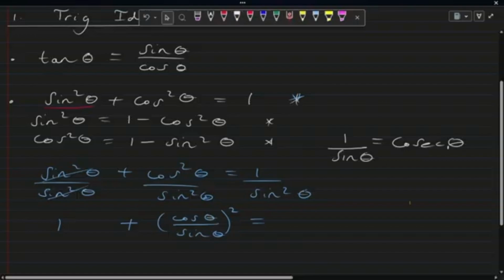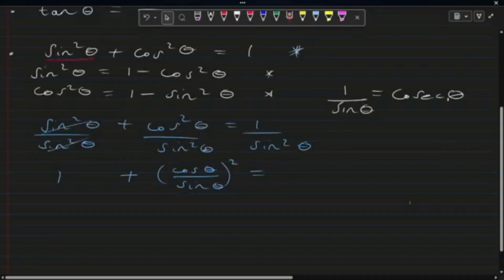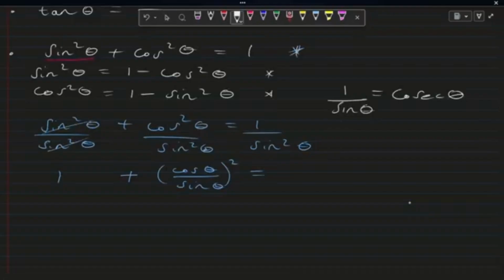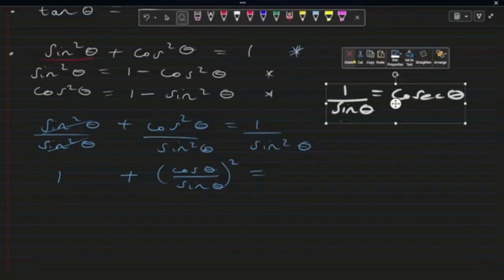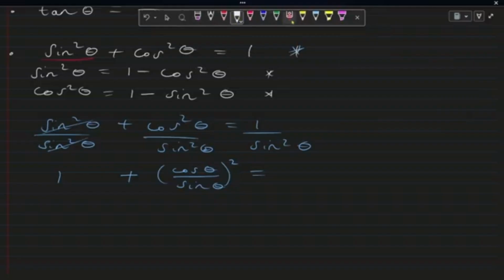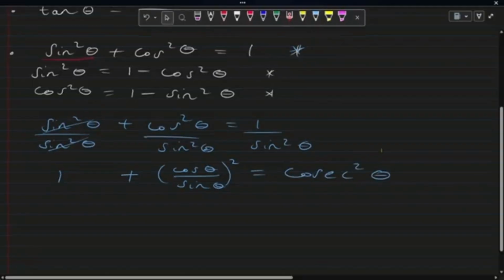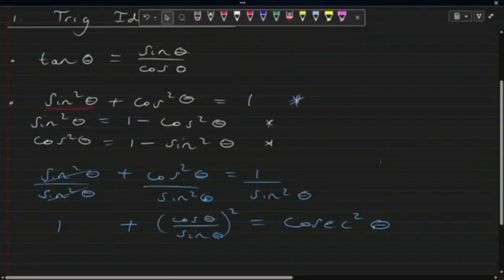Now if 1 over sine theta is cosec theta, then that means that 1 over sine squared theta is cosec squared theta.